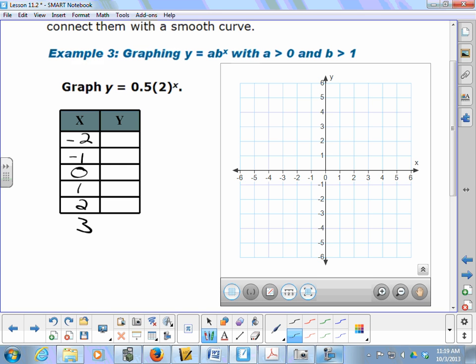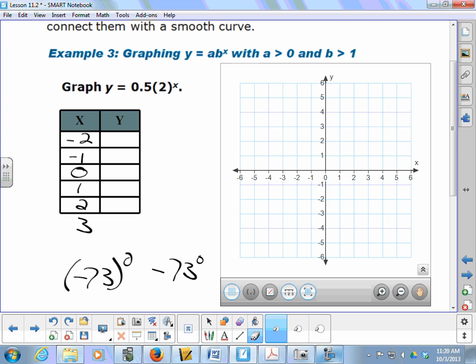Depends on what the parentheses are. But yes, if I actually said negative 73 to the power of 0, yes, that would be 1. If I said this, that's negative 1, because the 0 does not affect the negative. Just wanted to check you on that one.